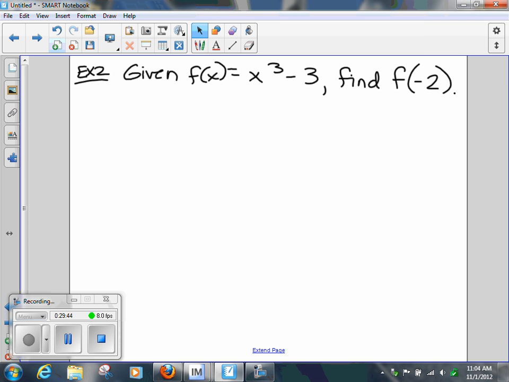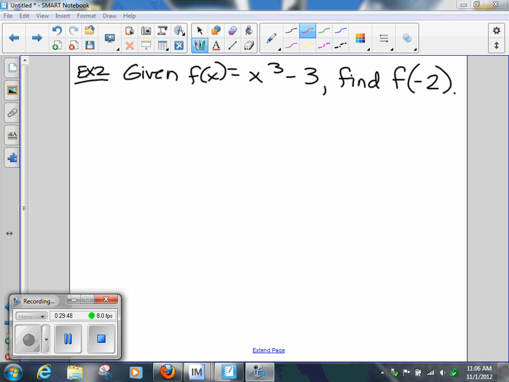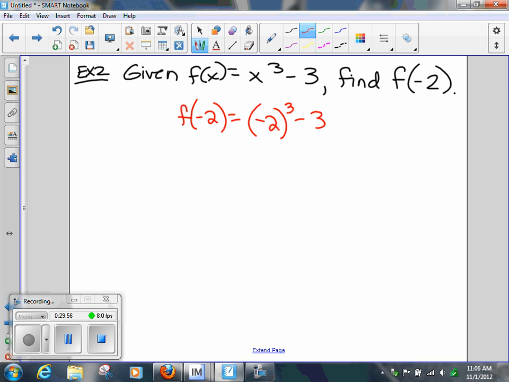Don't you make a careless mistake. Plug it in, substitute. So I'm given f of negative 2 raised to the third power minus 3, right? What's negative 2 raised to the third power? Negative 8, minus 3, which is negative 11.